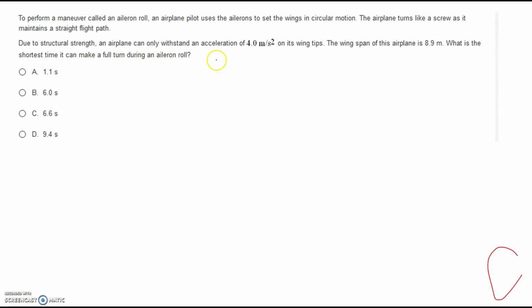This one, I worked several times and got a different answer than what they said. They said the answer was C, and I got D every time I worked it. So let me show you what I did. They're talking about an aileron roll, and we have this acceleration, and this is going to be our radius.